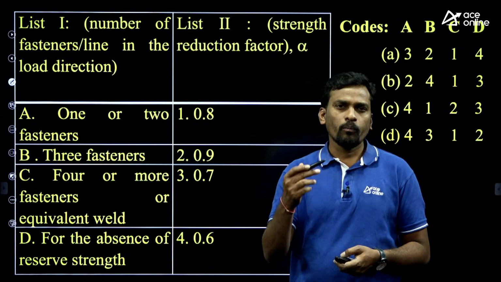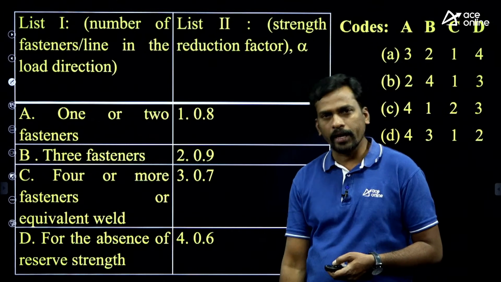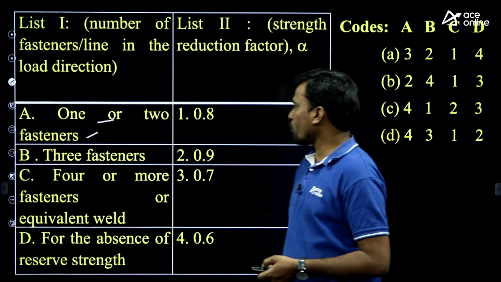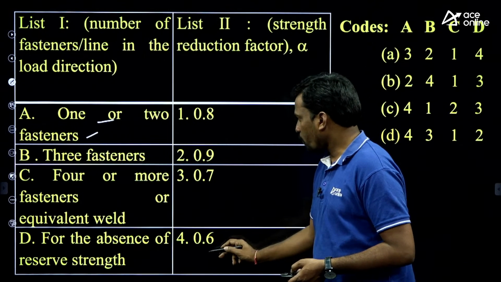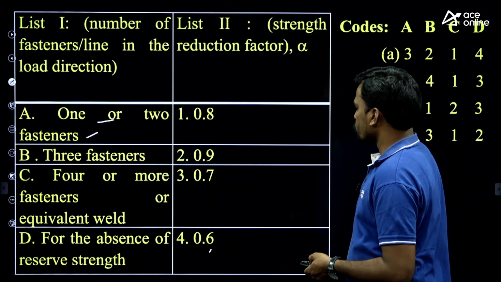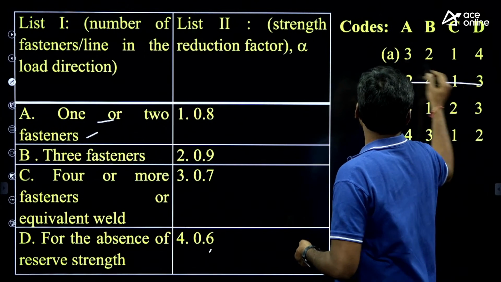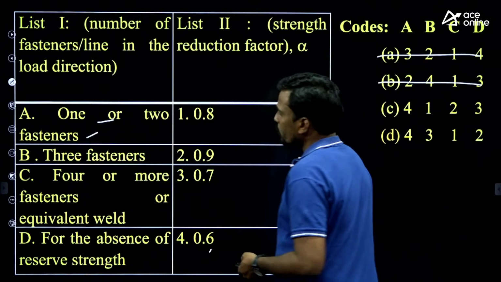Only 3 values: 0.6, 0.7, 0.8. So for 1 or 2 bolts, the value is 0.6. Then this is A1, A4, so you can eliminate A4.